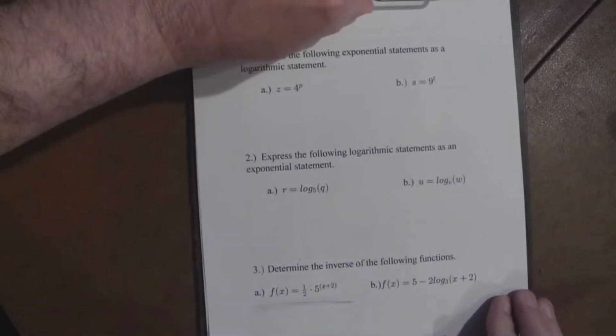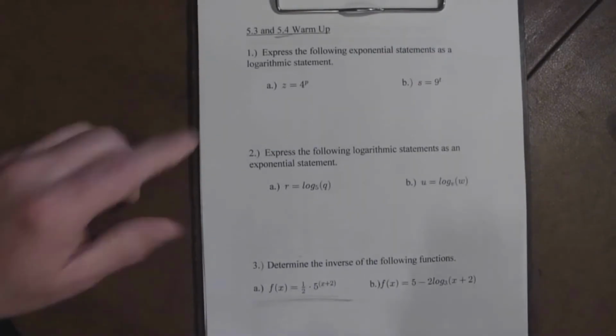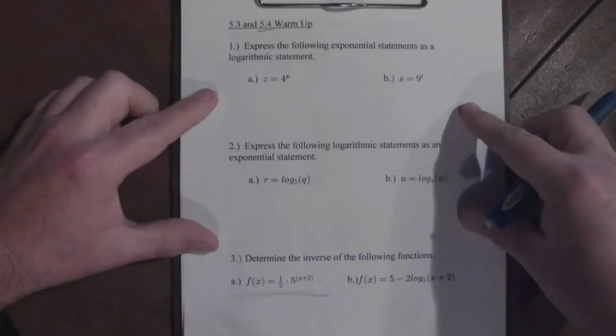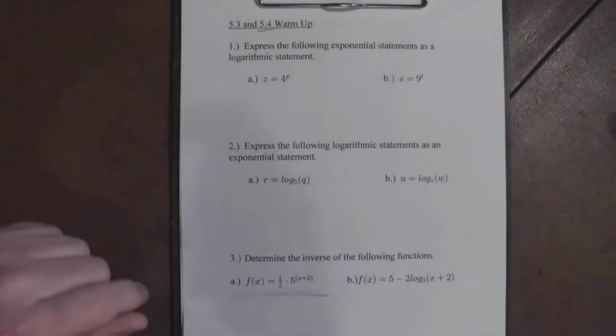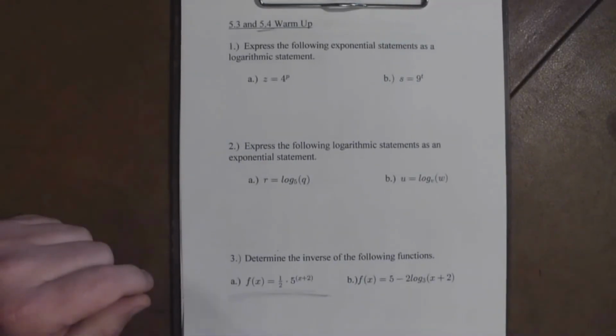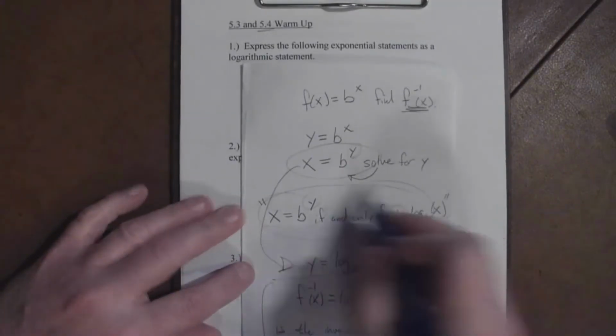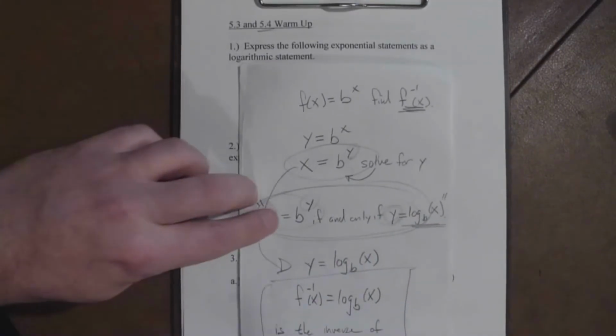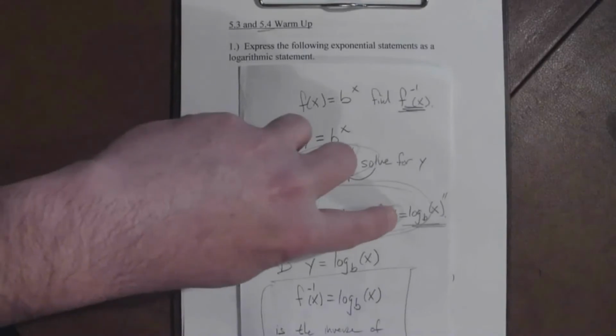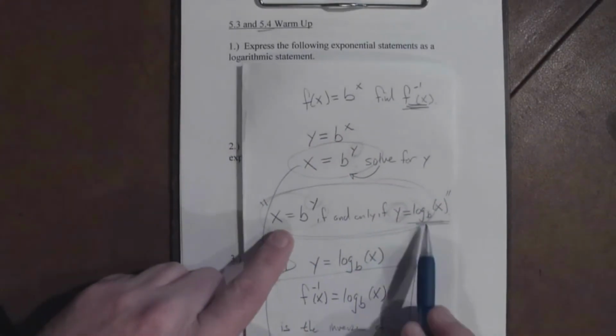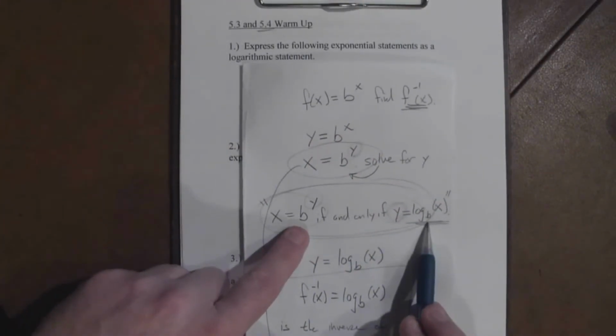So we can use that to answer some questions here in our examples. The first few problems are rather quick here. Express these exponentials as logarithmic statements. Well, that all goes back to this statement right here. x equals b to the y if and only if y equals the log base b of x. What you will notice in this statement is b plays the same role in each statement.